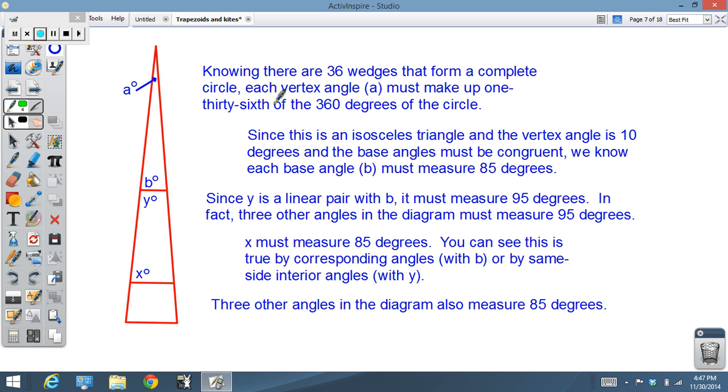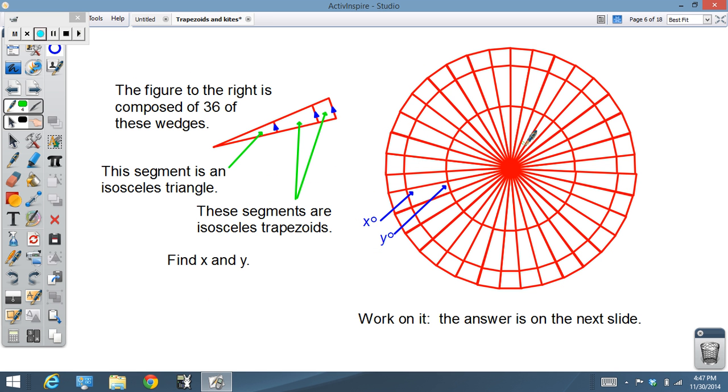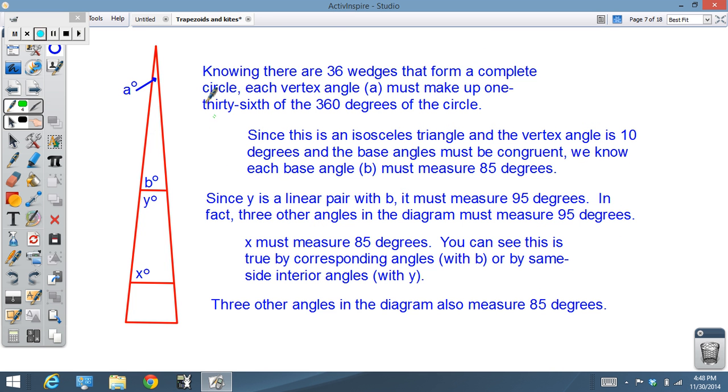All right, so knowing there were 36 of them, and they had to make up an entire circle, right? That has to be 360 degrees. Therefore, each one of these must be 360 divided by the number of wedges, 36.